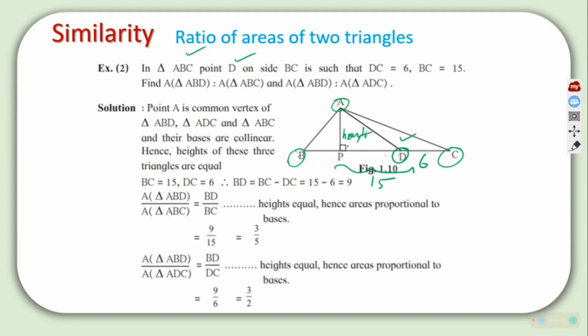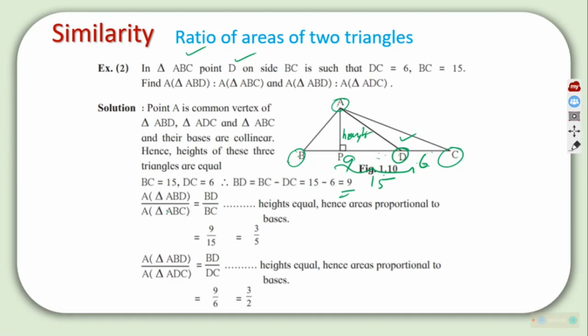So when we think about ABD and ADC, common vertex is there, common height is there. Now BC is given as 15, DC is given as 6. If you subtract 6 from 15, you will get 9. 9 is the length of BD. Now you have the full base in all the cases.